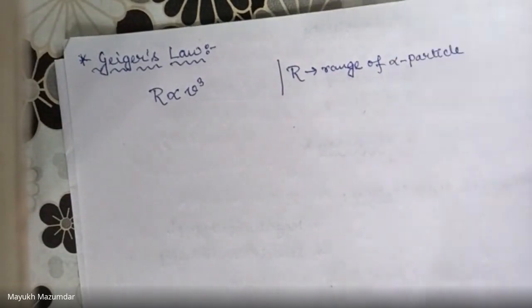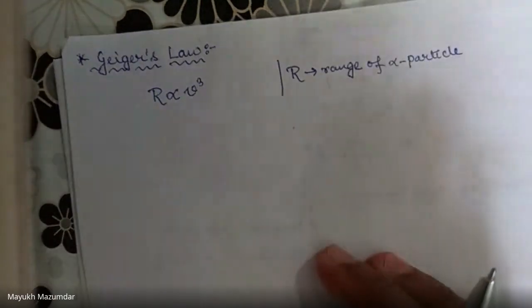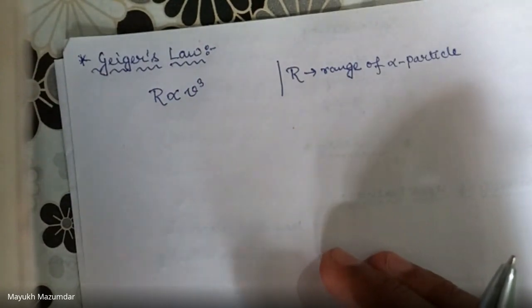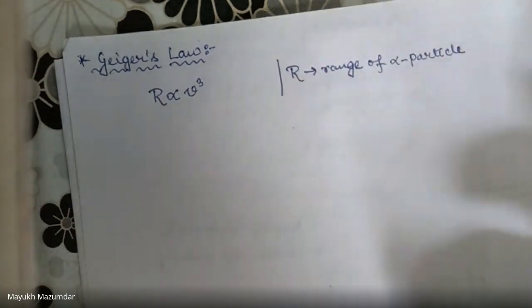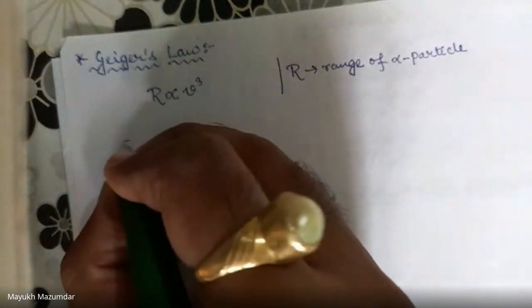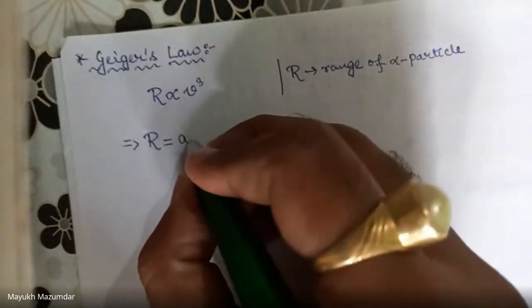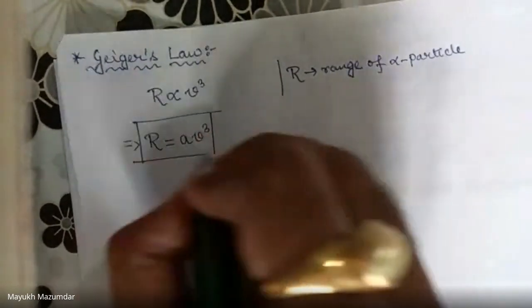Now, obviously, not all alpha particles will have the same velocity. If all alpha particles of a beam or group have the same energy, then we call them monoenergetic alpha particles, because velocity is proportional to energy. If you make this an equation, you'll get a constant small a.